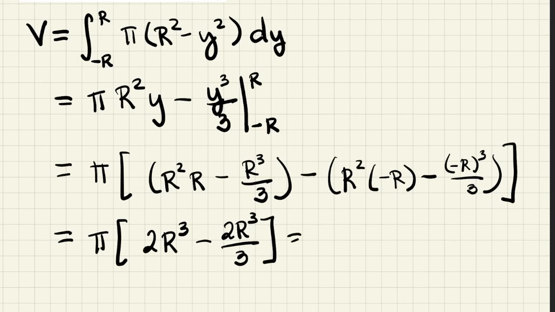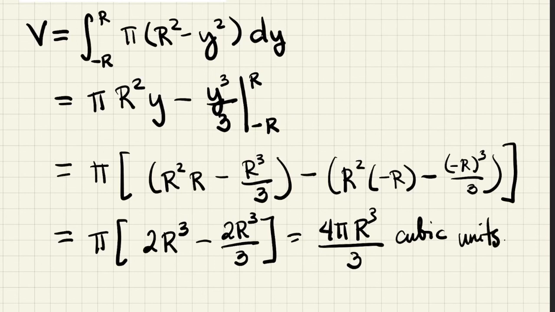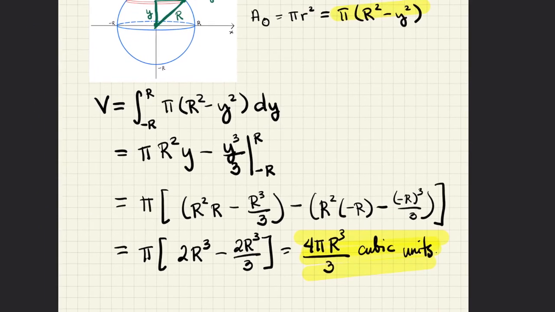But this is equal to 4 pi R cubed all over 3 cubic units. Okay, so we derived the volume of the sphere. Okay, so that's it for this lesson. Good luck and thank you.